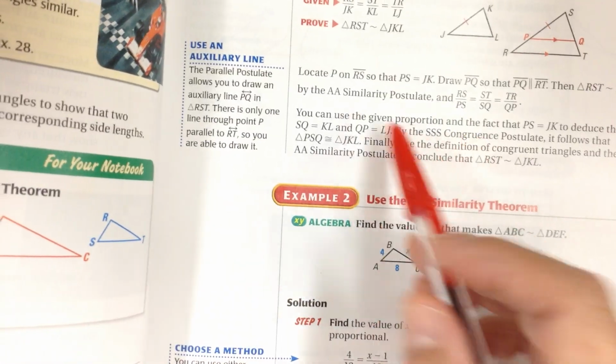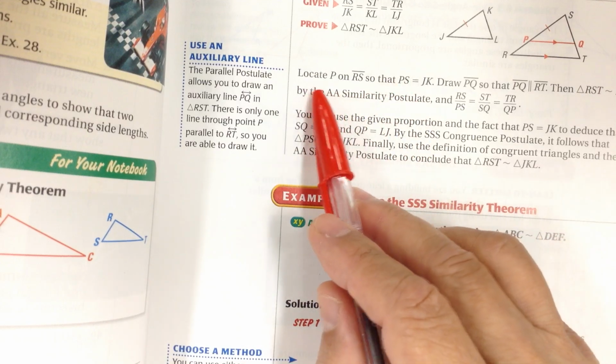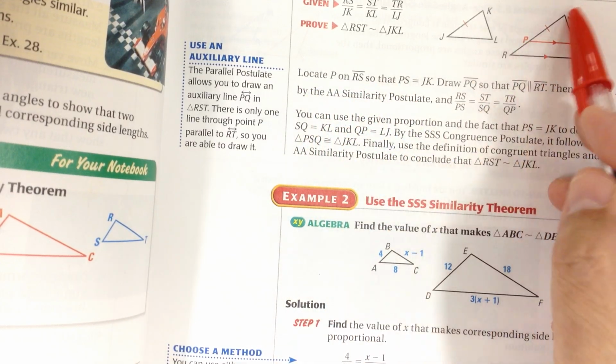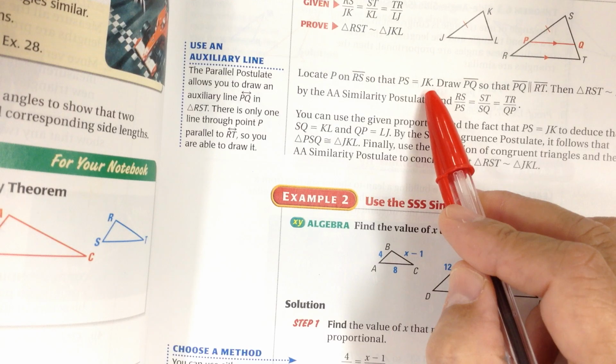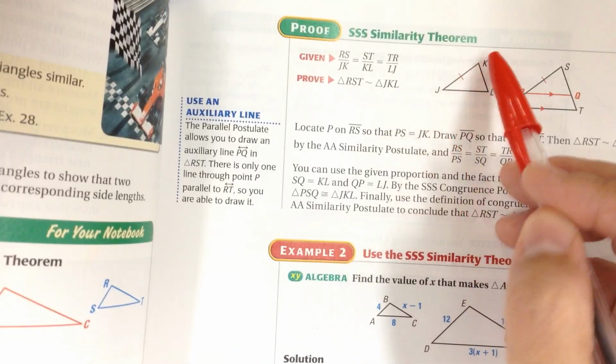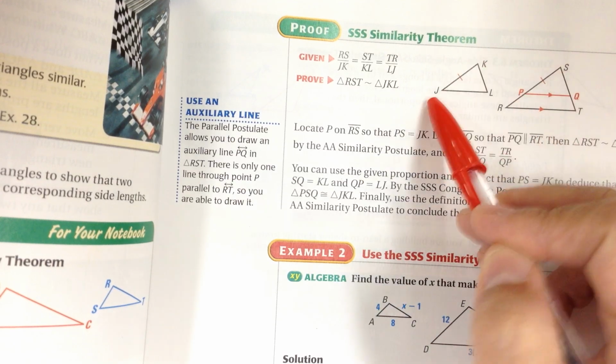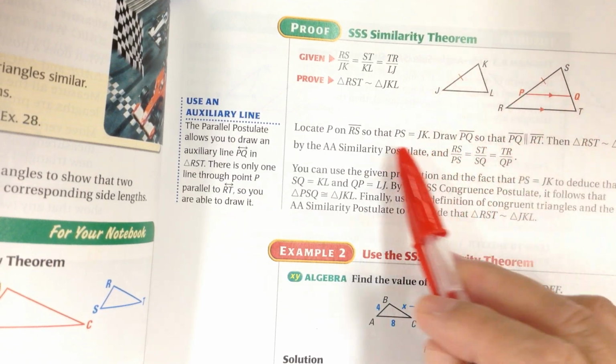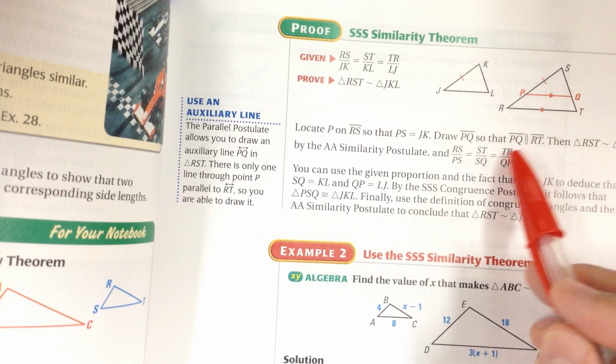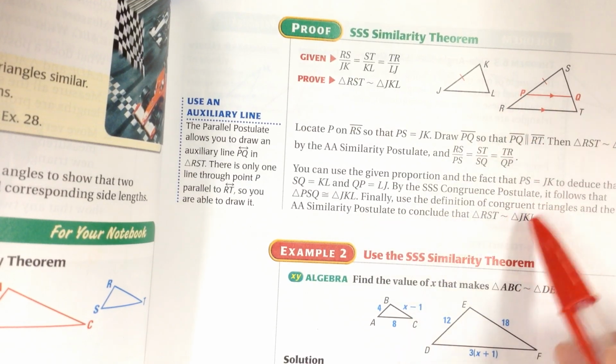The way to prove this is to locate P on RS so that PS equals JK. So you copy this length over here, so that JK and this length are equal. And you draw PQ so that it's parallel. So you draw a parallel line to that.